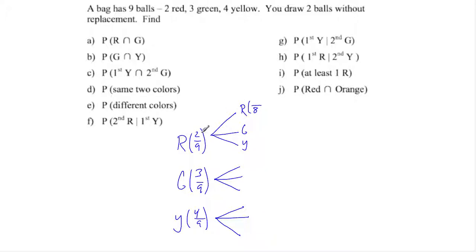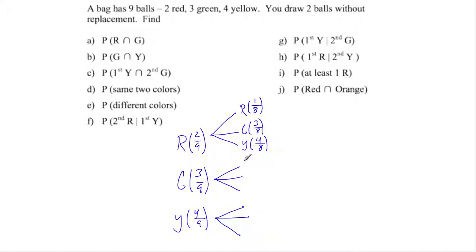And if I pick red first, there's 1 fewer red, so that's a 1 out of 8 probability. But there's still a 3 out of 8 probability I get green, and a 4 out of 8 probability that I get yellow. Now all of these should add up to 1, and it's true that 1/8 plus 3/8 plus 4/8 equals 8/8, which is 1.